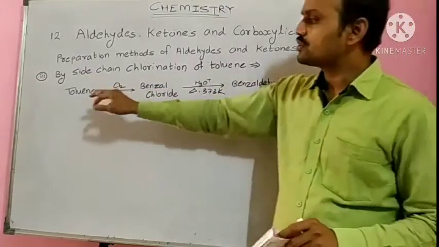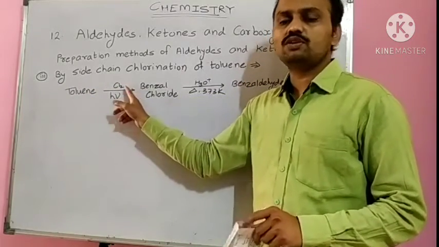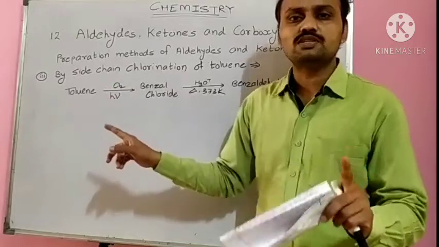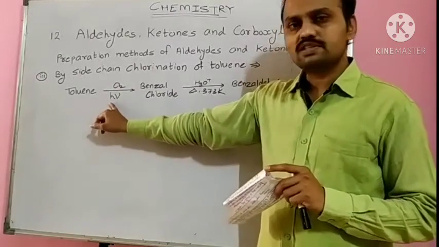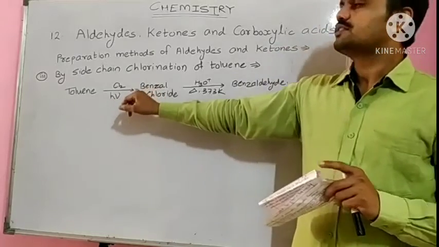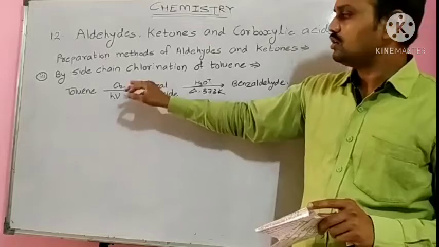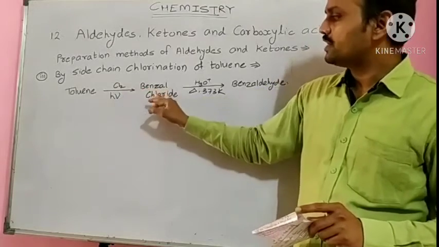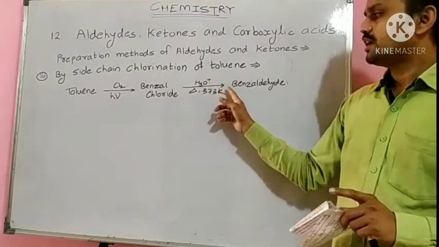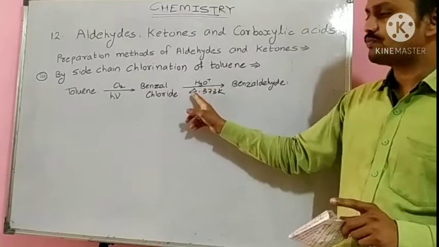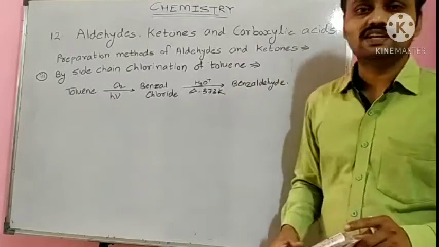First, toluene reacts with chlorine, and you know, students, chlorination takes place in the presence of sunlight or UV light. On chlorination we get benzyl chloride as the intermediate, and then acid hydrolysis in the presence of heat, at 373 Kelvin, gives benzaldehyde.